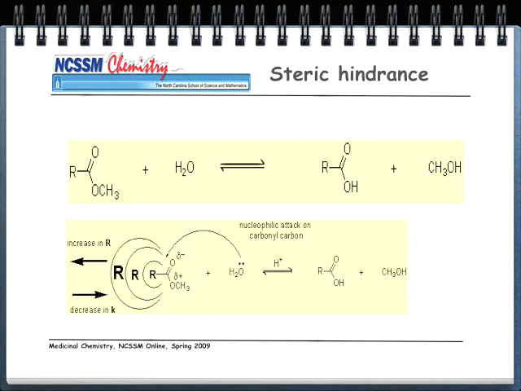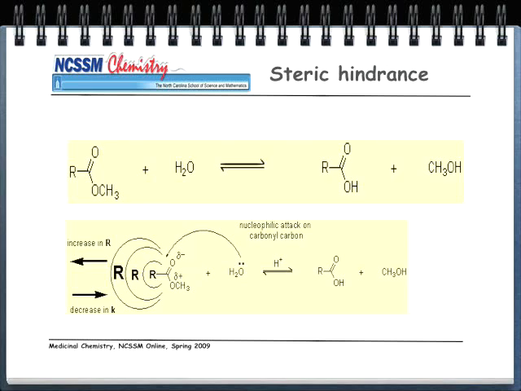Steric means size or bulk. As R got bigger, as we attached bigger and bigger things where the R value is, there was a decrease in the rate of the reaction. The reaction got slower.